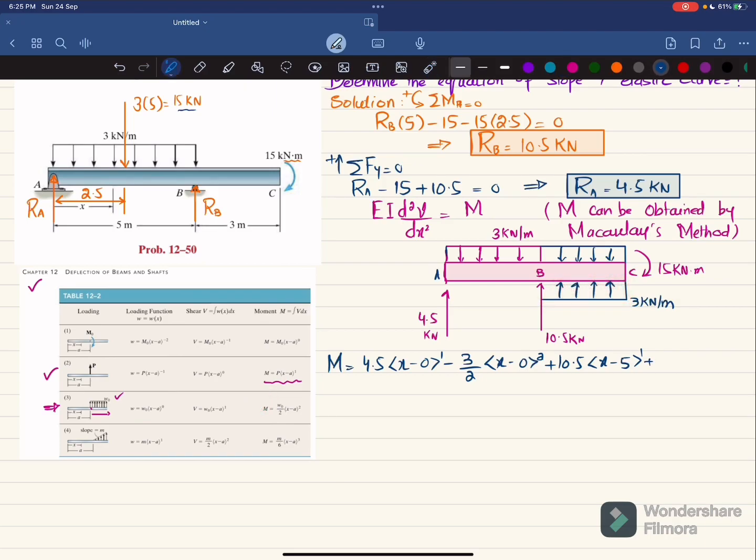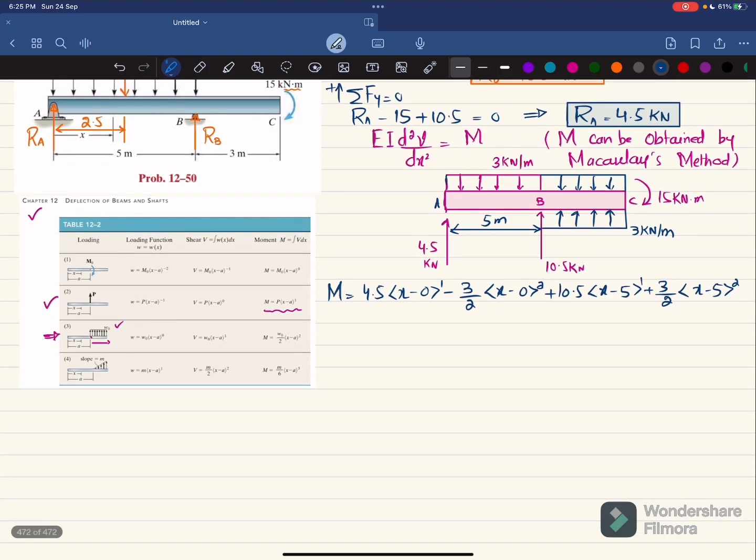So plus w naught, which is 3 over 2, into x minus a. So this distance is 5 meter. So x minus 5 power 2.